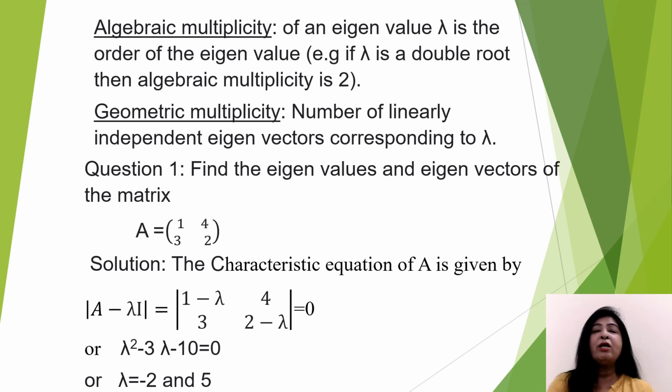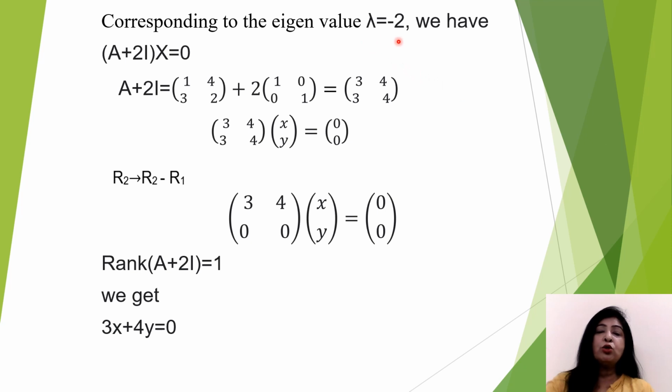When you solve this quadratic equation, you will get the values of lambda as −2 and 5. Now corresponding to each value of lambda, that is λ = −2 and λ = 5, you have to find the eigenvector. First of all, for λ = −2, I will find the eigenvector.